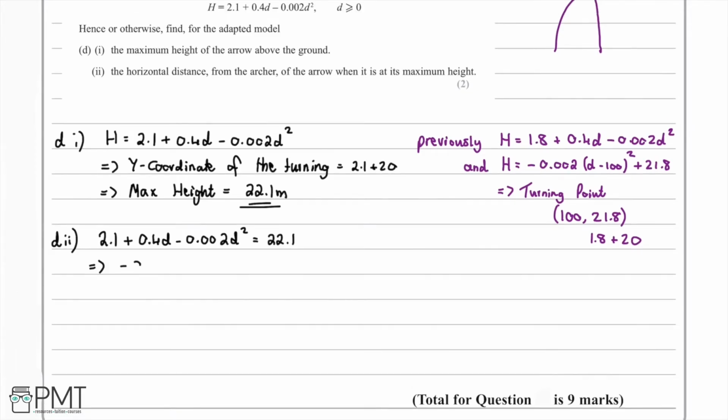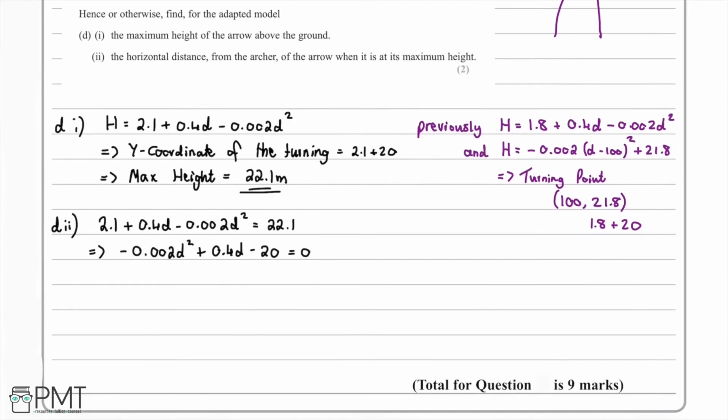We'll have negative 0.002d squared. Then we'll add 0.4d. And then we'll have 2.1 minus 22.1, which is equal to negative 20. And that's all equal to 0.